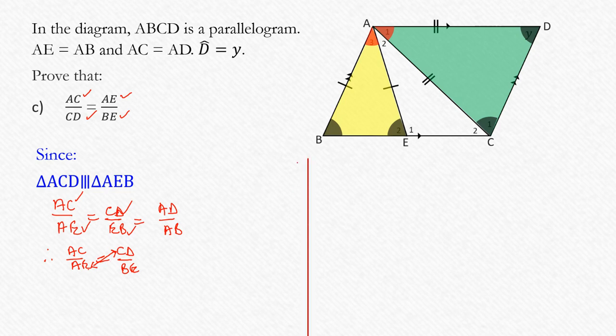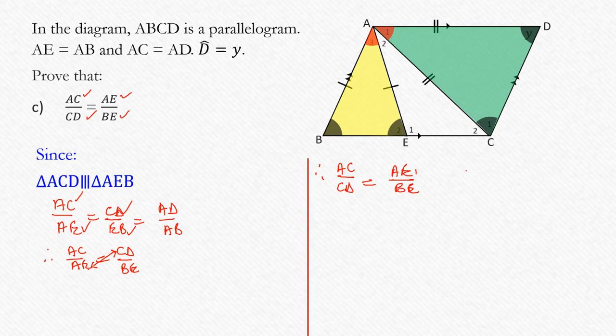So therefore, we can interchange AE and CD and then say therefore AC over CD is equal to AE over BE. Done. Just interchanging CD and AE.